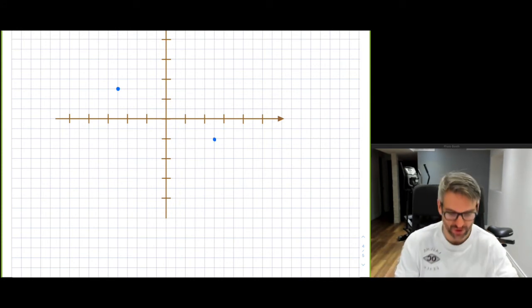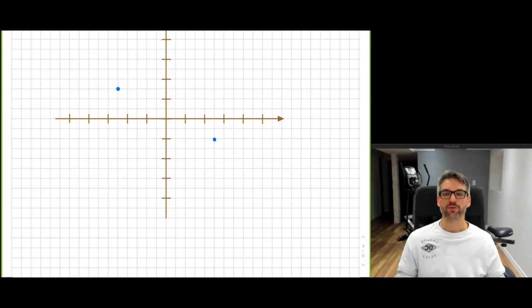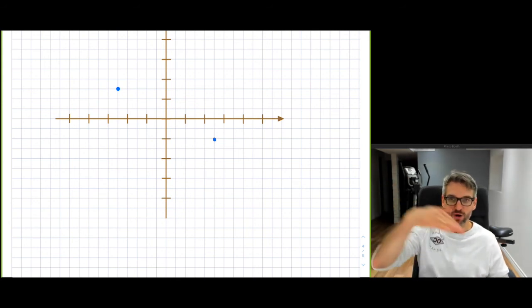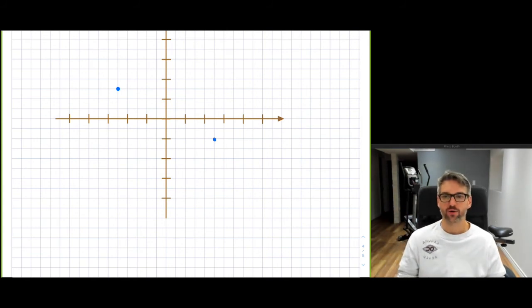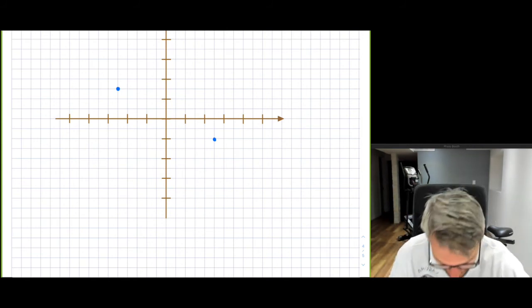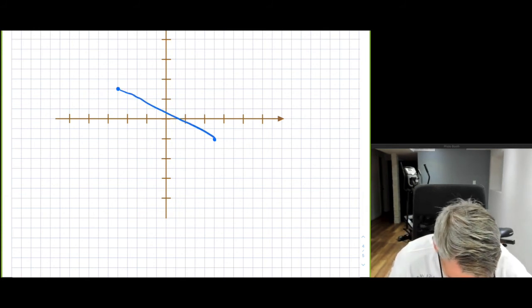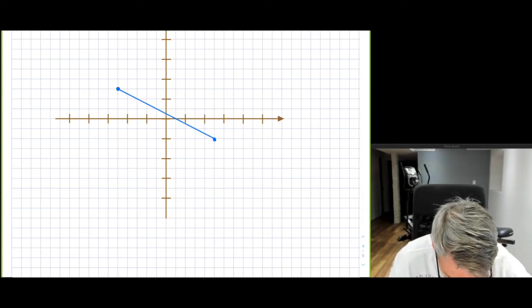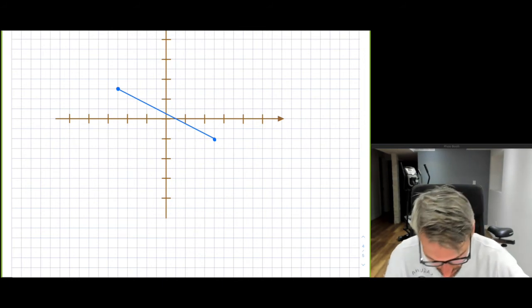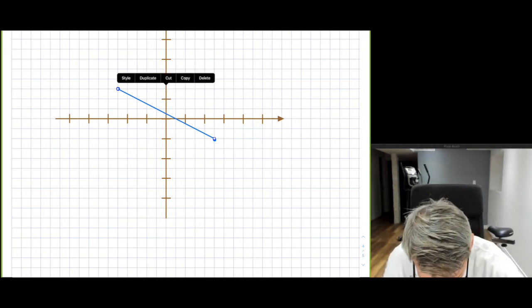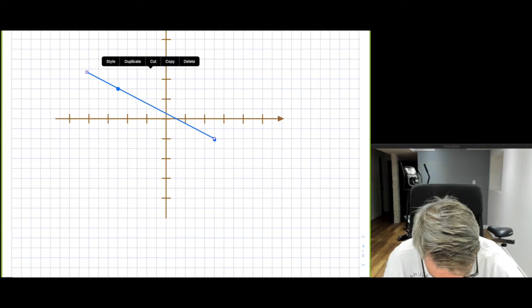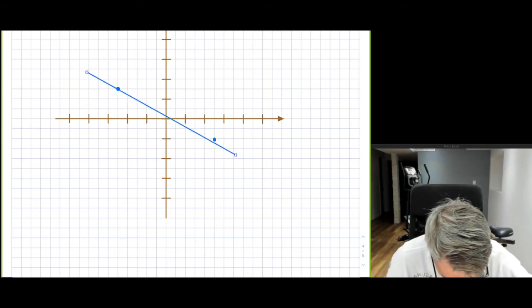So those are my 2 points. Now, it's not going to be as fun doing this because it may not exactly cross the x and y axes where I want, but I can definitely draw the line. So I would draw this line connecting these 2 points. So that's what you would have. Now, I'm going to extend this here, and then I'll extend the line here as well.